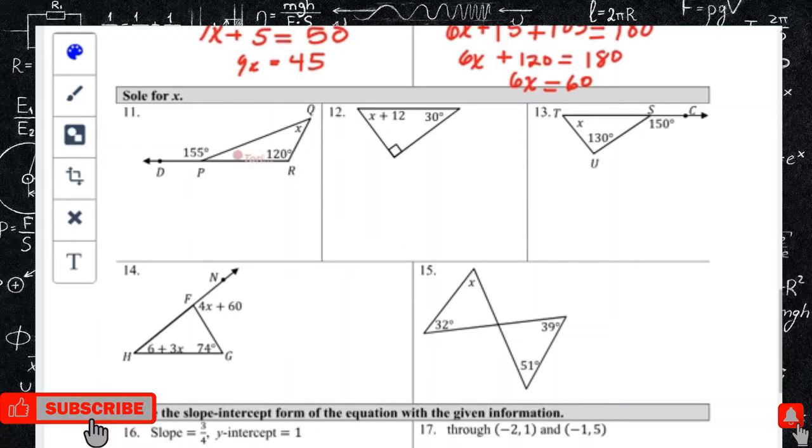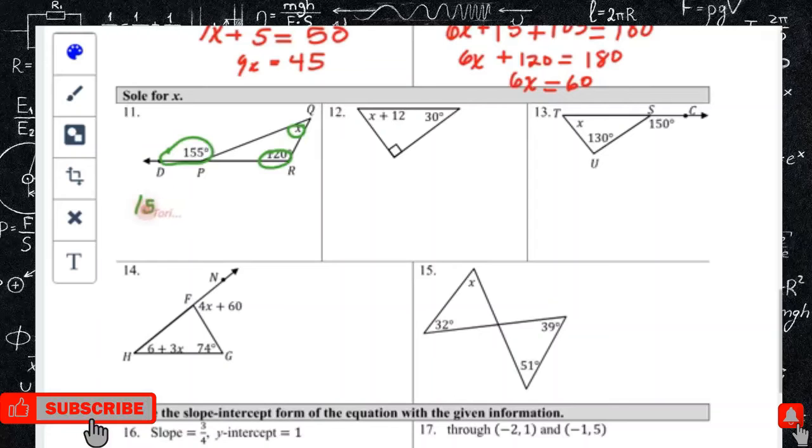Number 11, we have a triangle and clearly we have an exterior angle. So remember from your learning in the past that exterior angles are equal to the sum, that means you're adding, the two remote interior angles. And remote means the ones away from that exterior, not touching it.